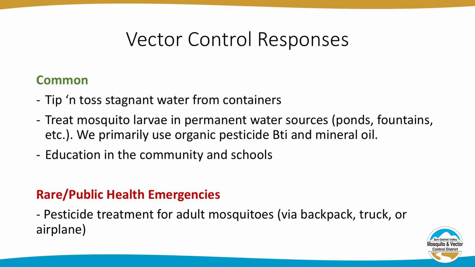Very rarely will we ever be up in the air spraying from the skies. Very rarely will you see us actually spray from any other mechanism unless there is a public health emergency. So we ask people to do what we do: put down that spray can, pick up a container, and toss out that water. That way you have fewer bites, and it's a more sustainable way to get rid of mosquitoes.